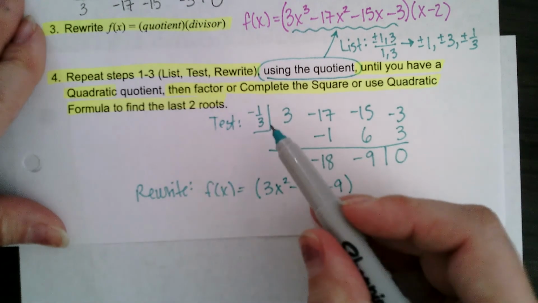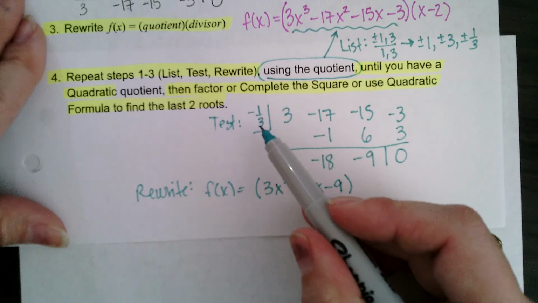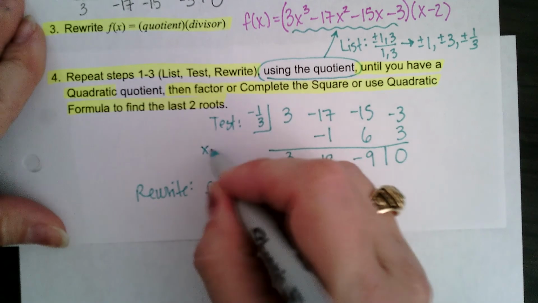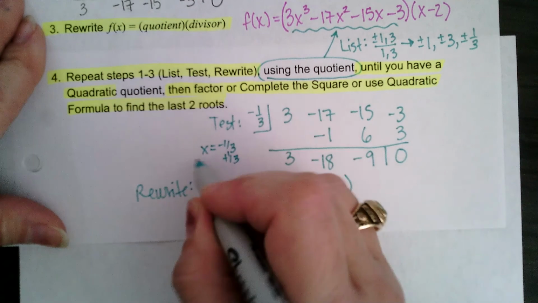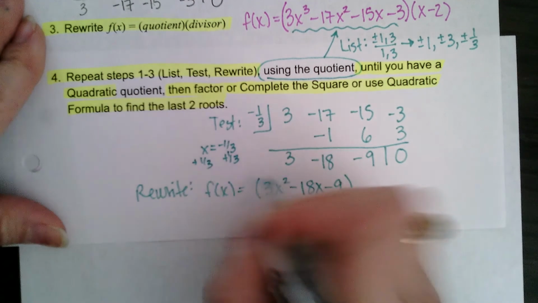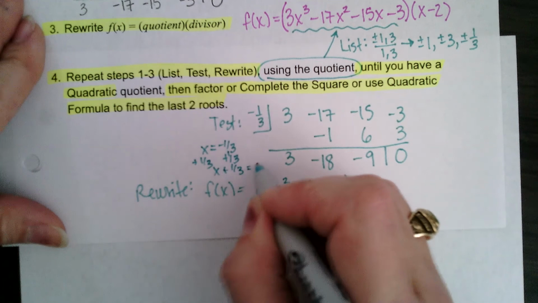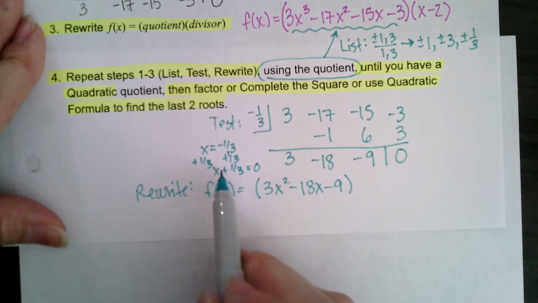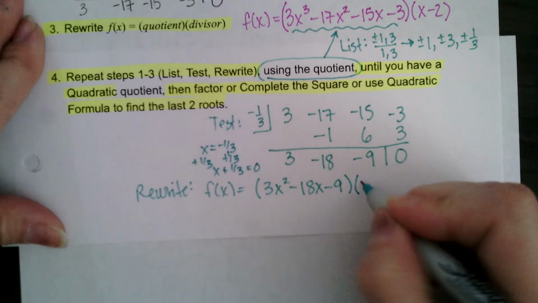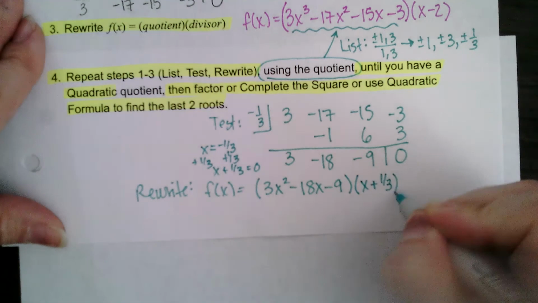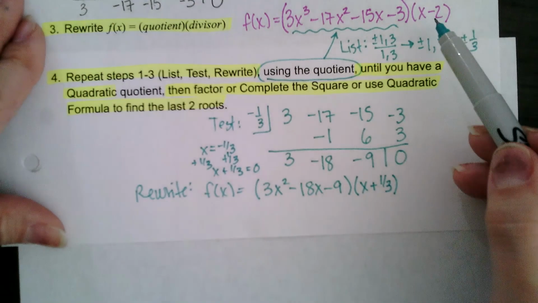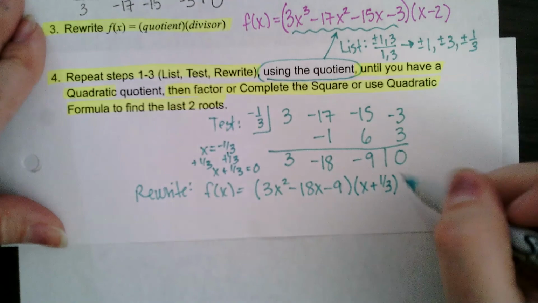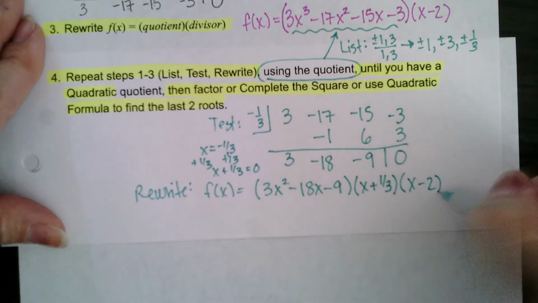And my divisor, since I divided by negative 1/3, that means x equals negative 1/3. So I add the 1/3 over to get x plus 1/3 equals 0. The x plus 1/3 is my factor, so x plus 1/3. And then don't forget the x minus 2 that was on there from the last time. So times x minus 2.